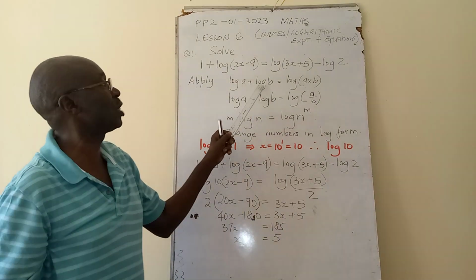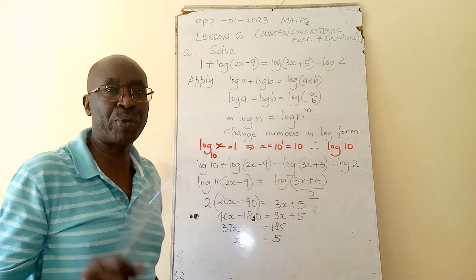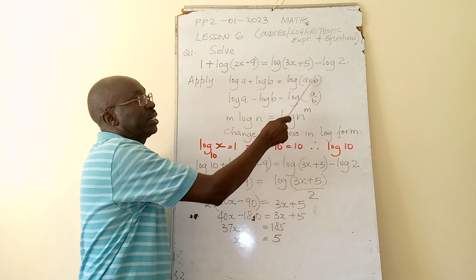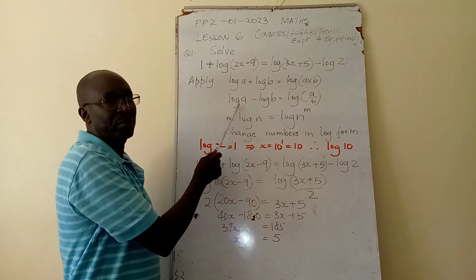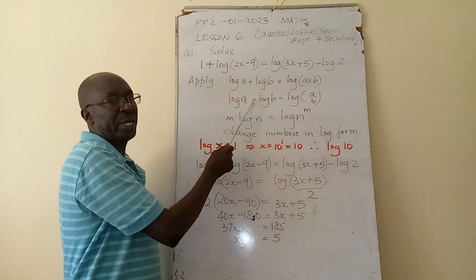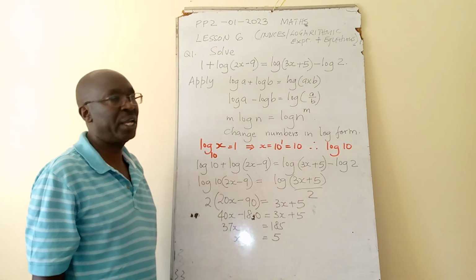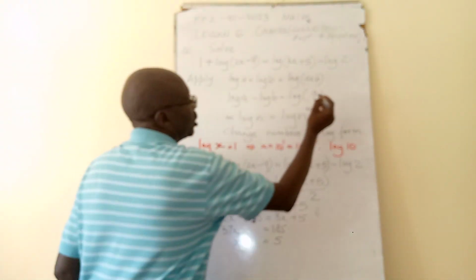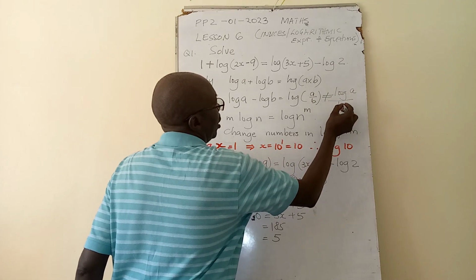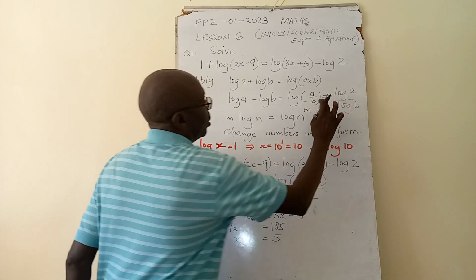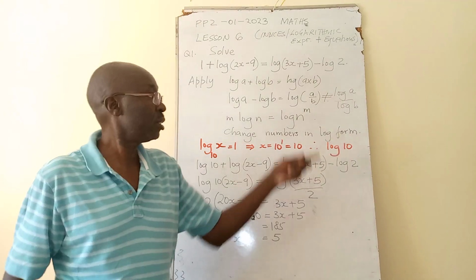If I have log A plus log B, then you write it as logarithm of the product of the 2 numbers, so A times B. If I have the difference, log A minus log B can be written as log A over B, which is not the same as log A over log B. It is not.